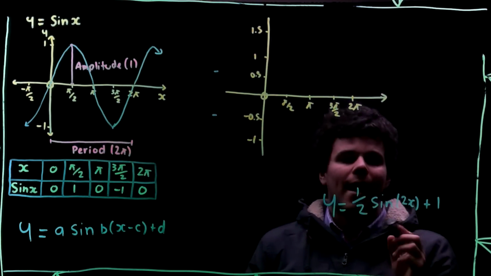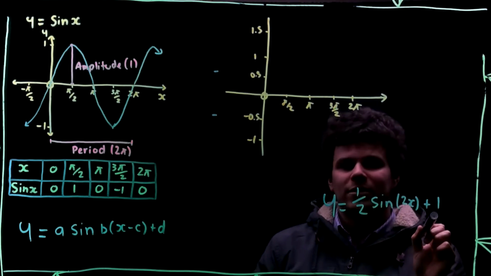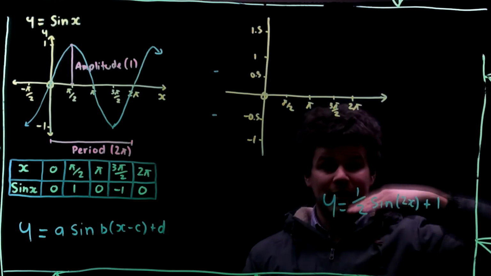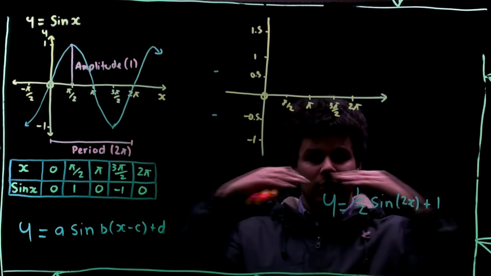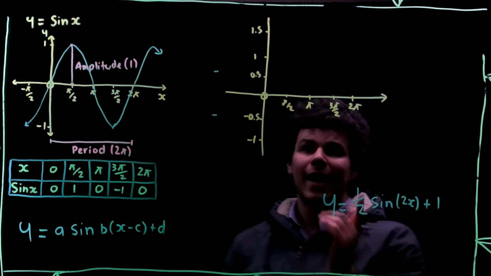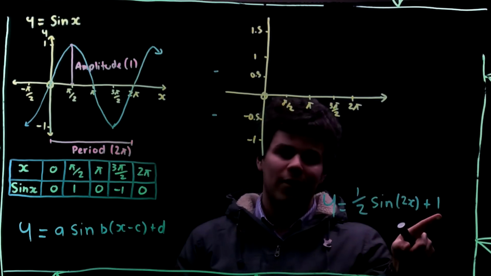Before we draw it in, let's consider the plus 1 here, which is our d. If we remember, that moves us up and down. When we did it before, the whole graph stayed the same, but we moved up by 1. So in fact, instead of going from negative a half up to a half, we have to add 1 to that.